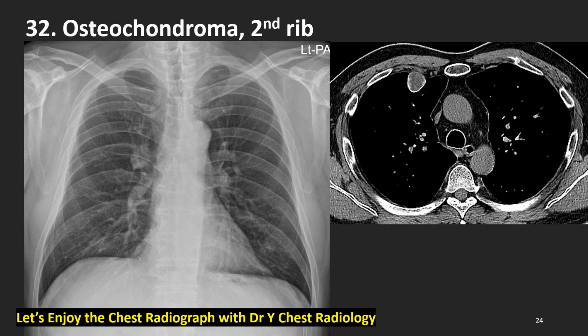We get the answer here. Osteochondroma, right second rib. This one. This somewhat hilar density. We see the sign here. Hilar overlay sign, not hilum, overlapped with the hilar density. This is osteochondroma of the rib.